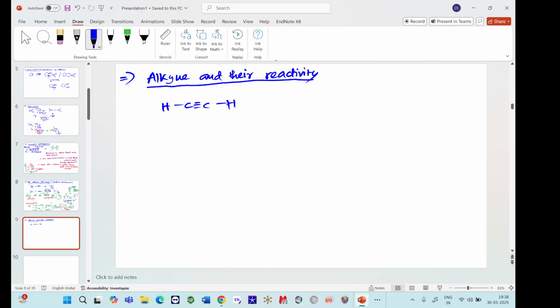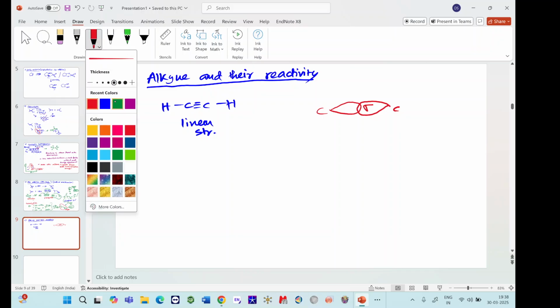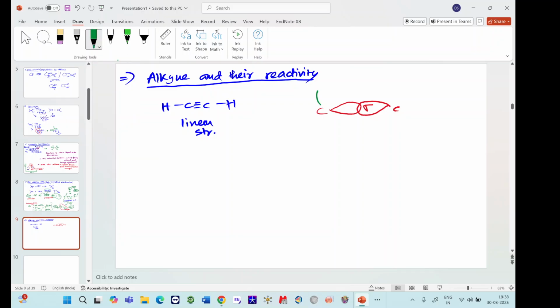So you will have this linear kind of system, and then what you have is one sigma bond and 2 pi bonds present, right?